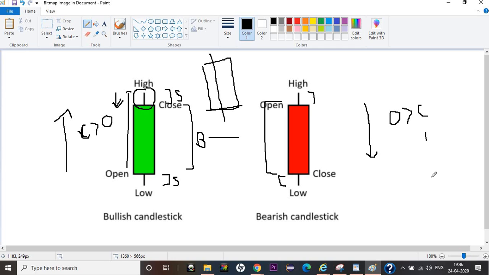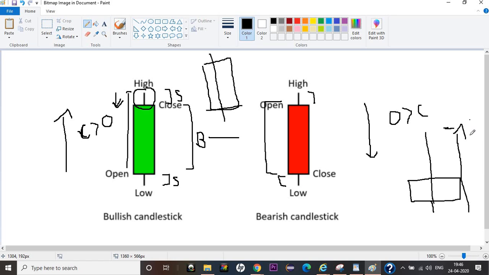Now what if the candle has been formed like this? It's a green candle, right? But it has formed like this. What does it mean, guys? A nuanced trader would say it's a green candle, that means the next is going to be a green one, but that's not the case. Assume that initially when this particular candle started forming, the buyer pushed the price higher till this point, right?